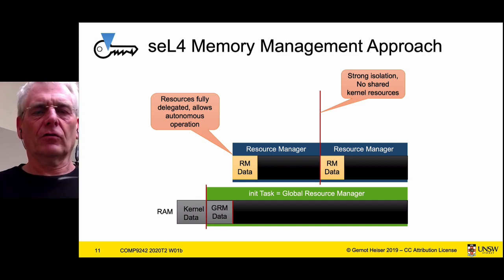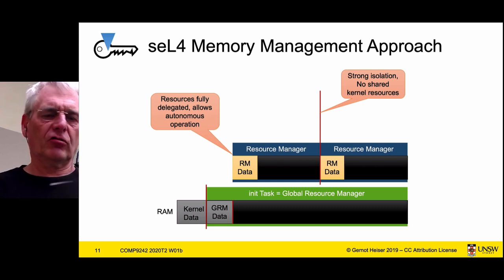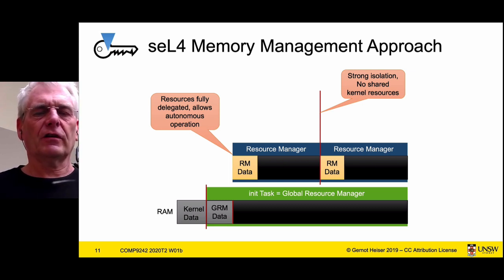They become totally autonomous. The alternative, of course, which is the more normal way, which you will be using in your simple operating system, is that the init task is the operating system and keeps control of all the untyped, and only hands typed memory to secondary tasks.